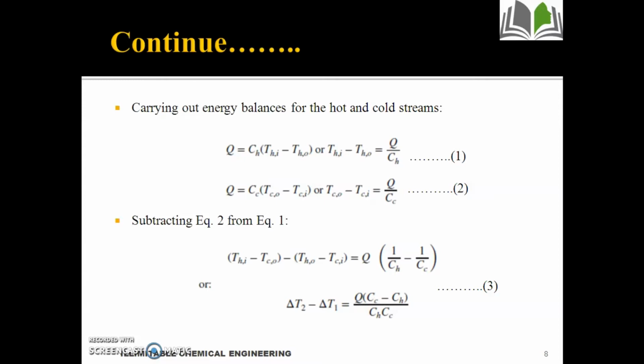Now we subtract equation number 2 from equation 1. What we get is (Thi minus Tco) minus (Tho minus Tci) equals Q times (1 upon Ch minus 1 upon Cc). Now we consider Thi minus Tco as delta T2 and Tho minus Tci as delta T1.